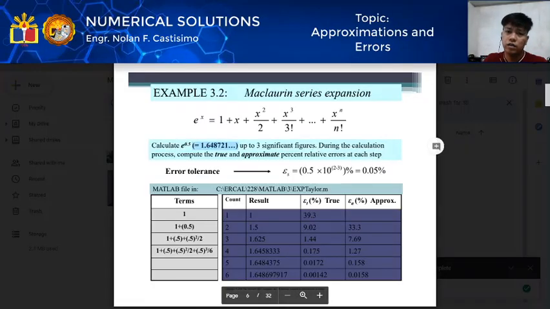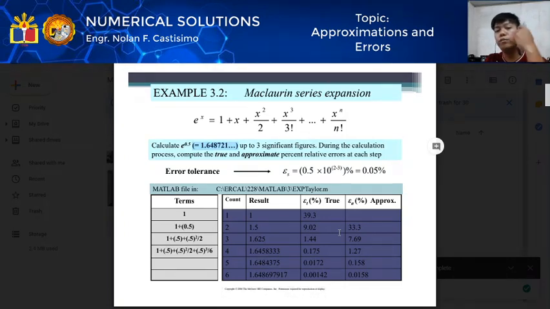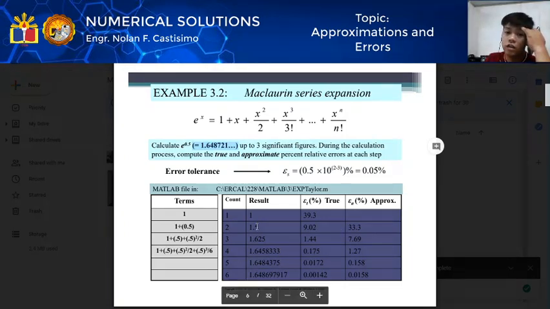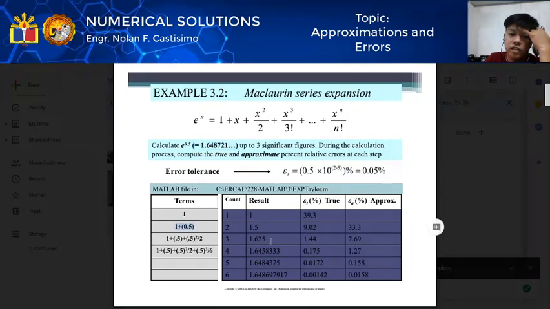Next. Okay? So, i-compute natin. Ipa-find out natin kung paano na-compute itong result natin. So, itong result, kinuha lang niya yung first term. Okay? Next, dito sa pangalawa naman, first term plus second term. So, 1 plus 0.5. So, ito siya. Okay? Next, ito naman, pinag-plus lang niya ito.